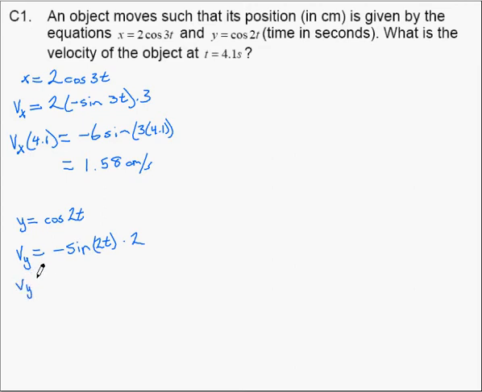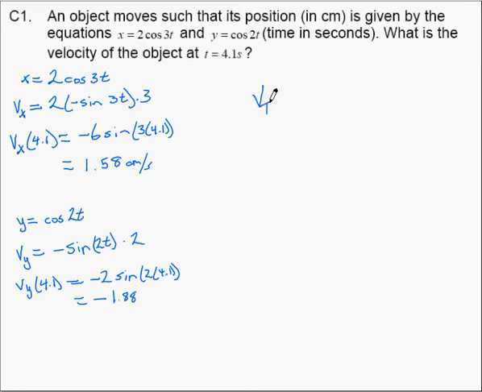We then need the velocity at 4.1, so that's going to be negative 2 times the sine of 2 times 4.1, which is negative 1.88.